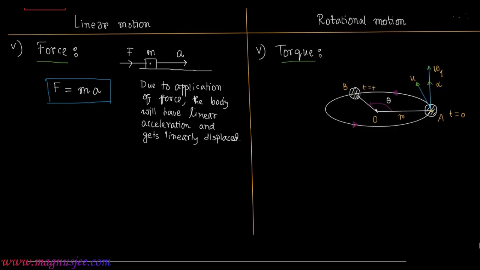At the point B, the final tangential velocity will be v, at instant t equals t seconds.